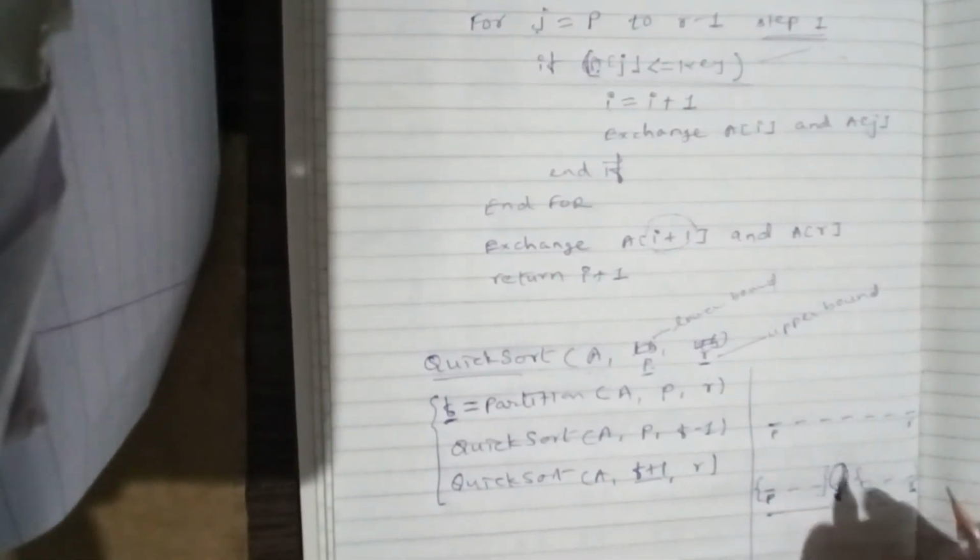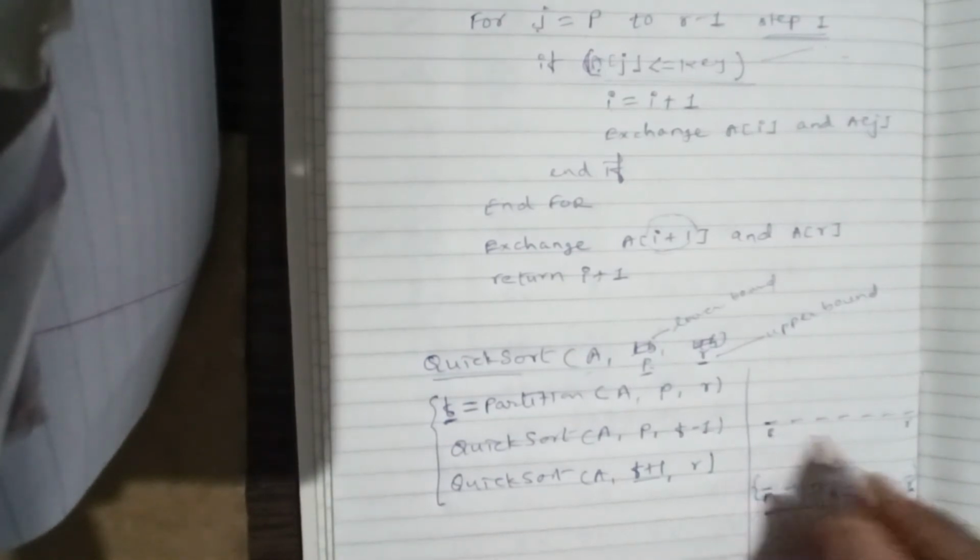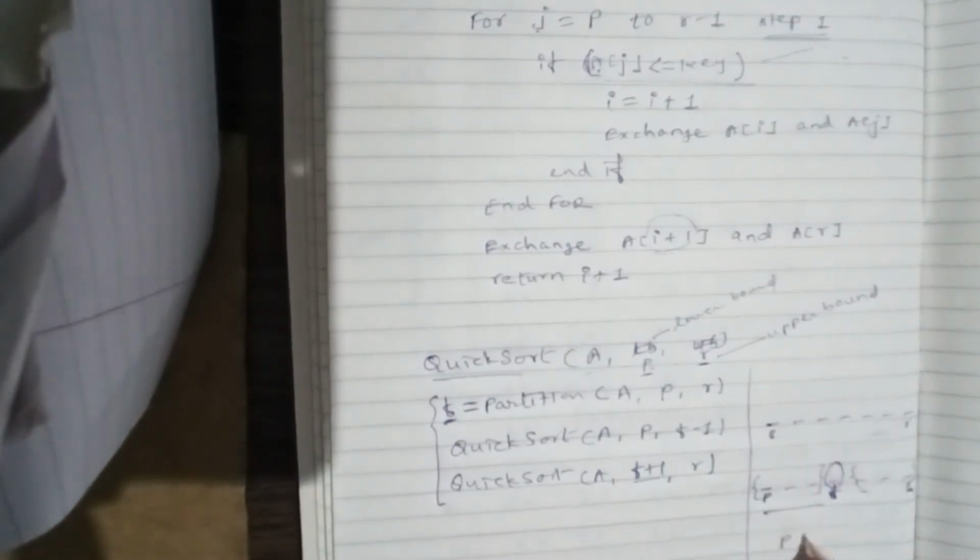Now we solve this if and only if we have something to solve. What do you mean by something to solve? If we have a list with more than one element, P is always less than R. Let's say there is a partition with a single element. So P and R both are pointing to the same element.